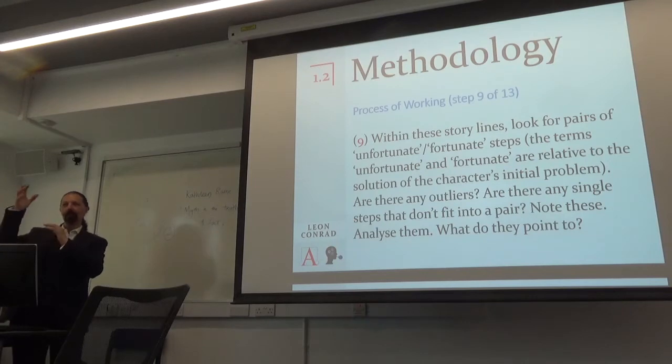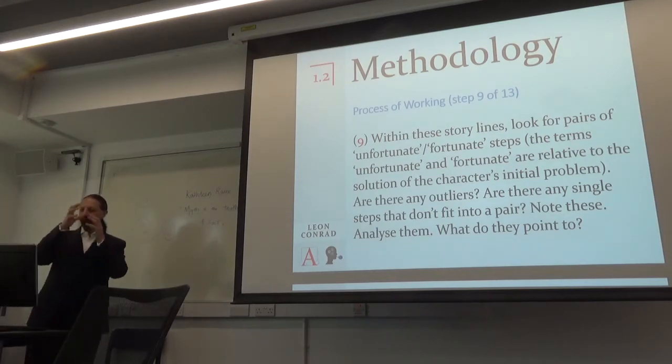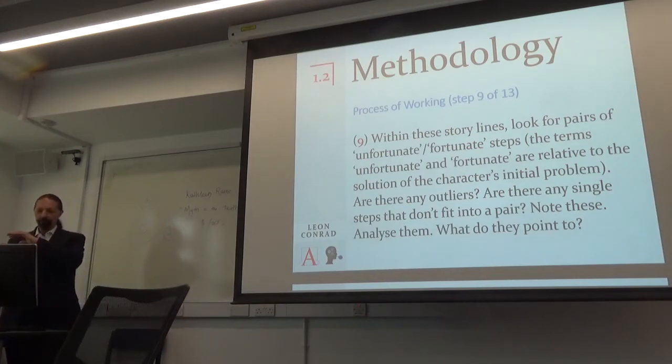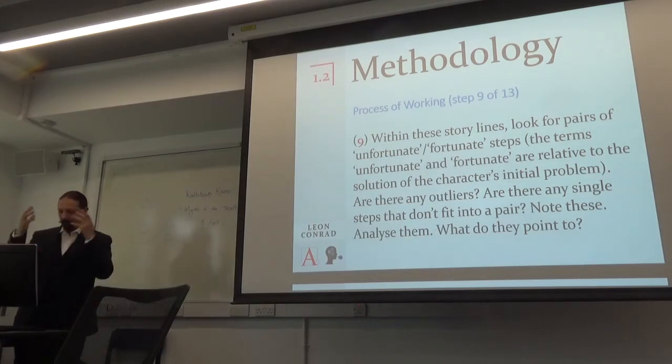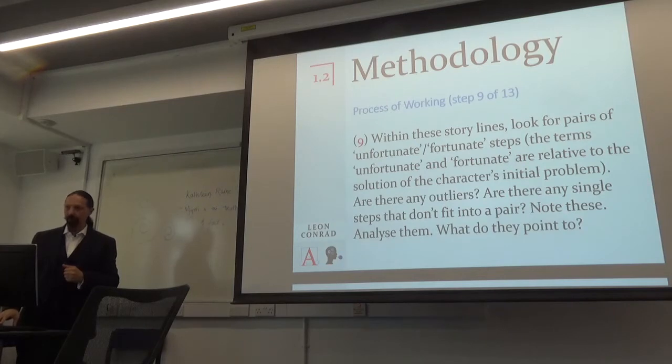Where do they go down the snakes and up the ladders? Where do they encounter unfortunate events and fortunate ones? This pattern is pretty standard. In fact, this is very important to the understanding of how a story stories. But are there any outliers? Are there any things that don't fit this pattern?